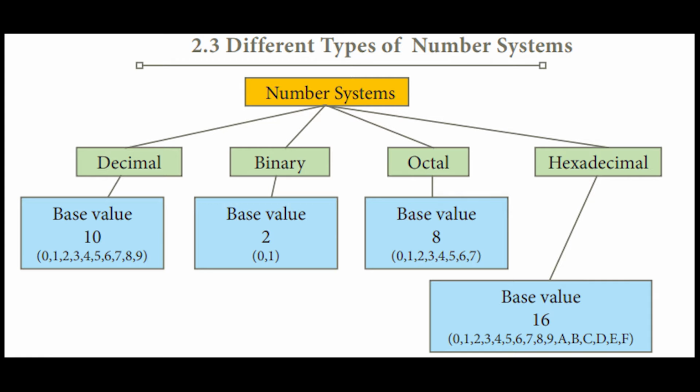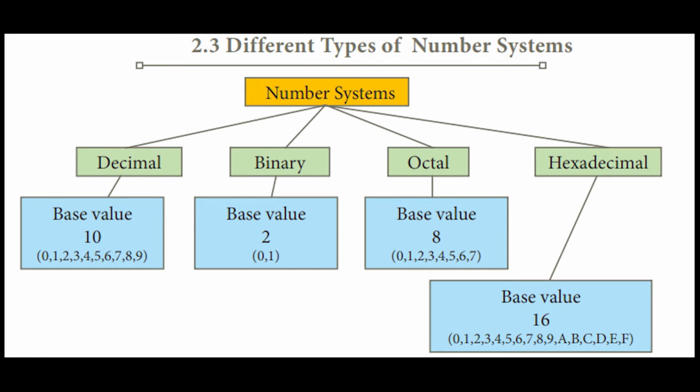First we are going to see about the decimal number system. We know that it consists of 0, 1, 2, 3, 4, 5, 6, 7, 8, 9, right? So it has 10 digits and this is the oldest and most popular number system and we are using this in our daily life, right?